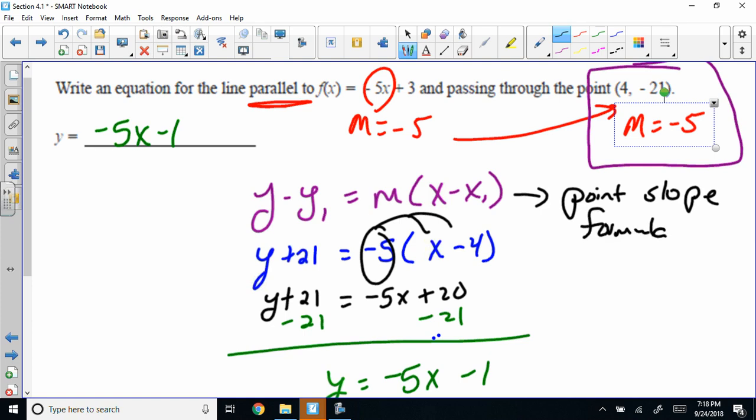And that's primarily its only purpose. You don't use it a lot, but it is super easy. I like it better than trying to do this. Negative 21 equals negative 5 times 4 plus b. You know, the traditional find the b, right?